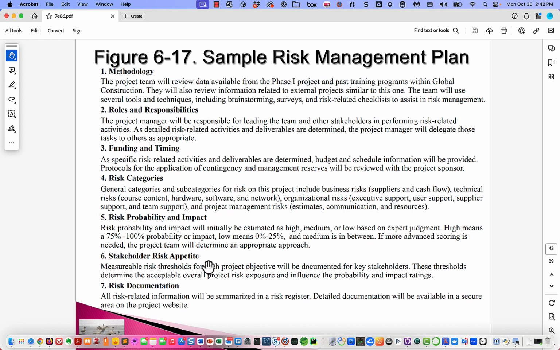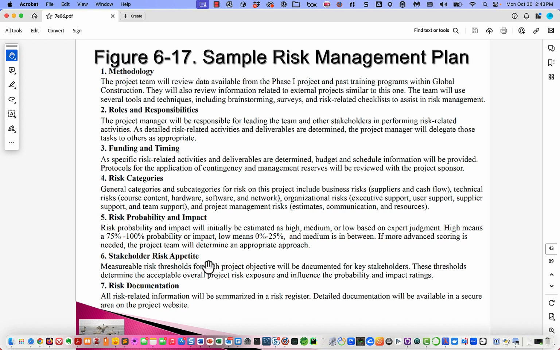Okay, so one of the things that you want to be sure of as a project manager, when your project is coming up with an assessment of the risk and what your plans are, you have to make sure that the plans are consistent with the risk appetite of the organization as a whole and not maybe some lone player who is not really in tune with the rest of the organization.